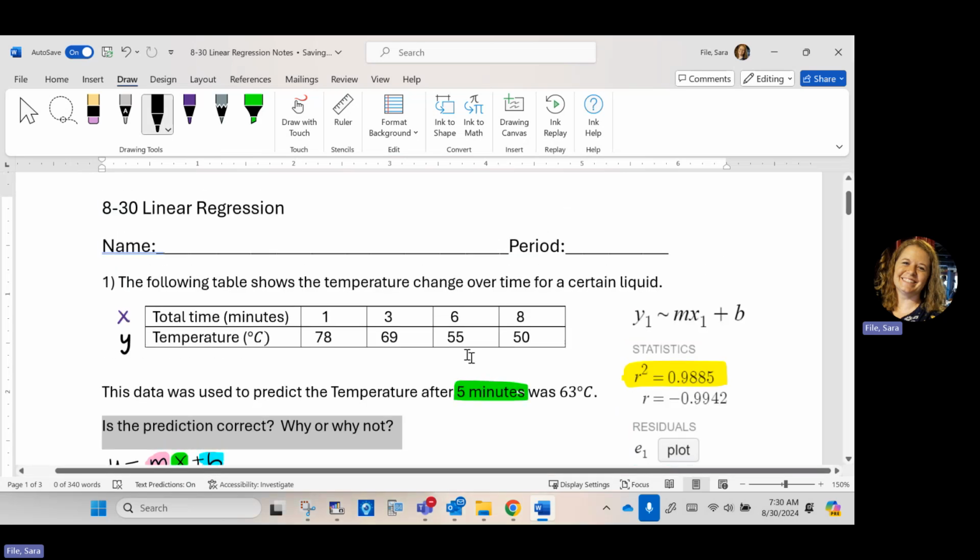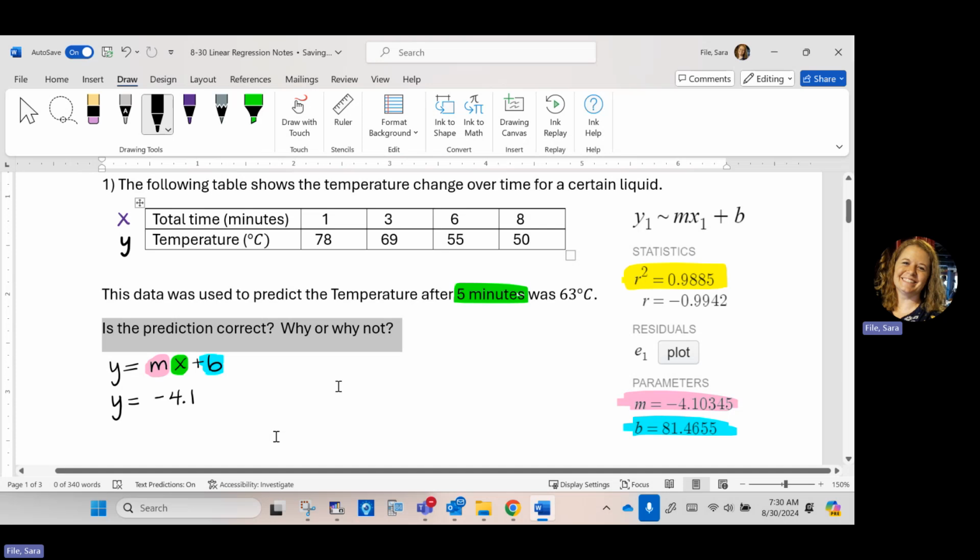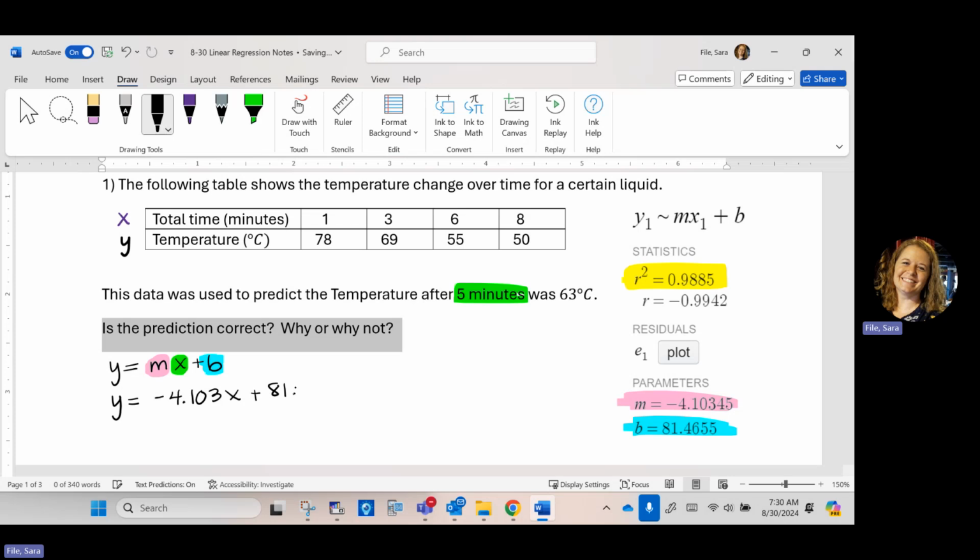They did not say what to round to. So the further your decimals go, the more accurate. So let's just go to thousandths like we did in yesterday's notes. So we'll say negative 4.103, and then our B would be 81.466. And they want us to plug in 5 for X.